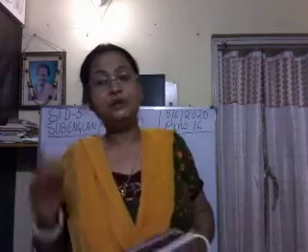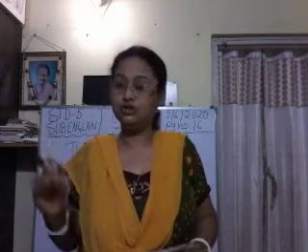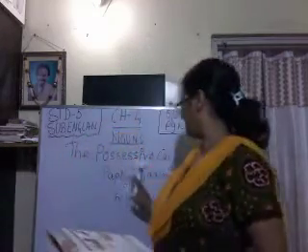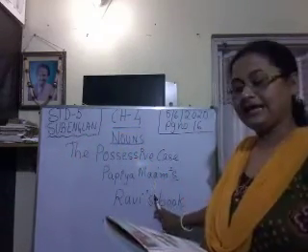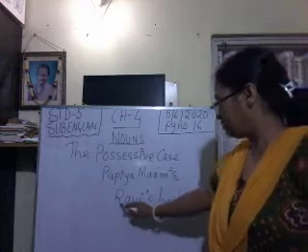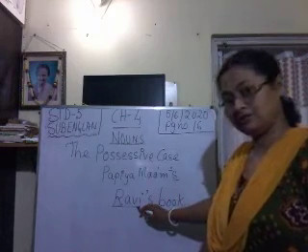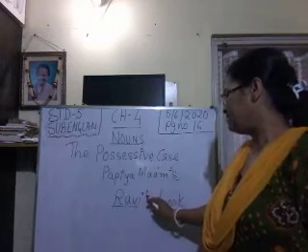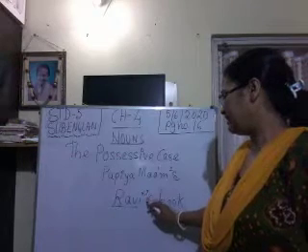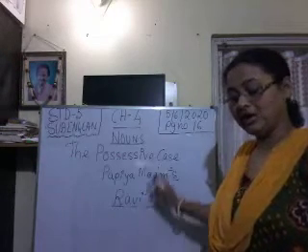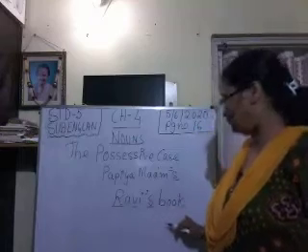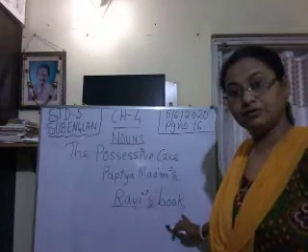So we use the possessive case of a noun to show who owns something. Clear? Then we use this apostrophe and S with a noun. So Ravi is a noun, isn't it? So I am using this apostrophe, then this S, to show that Ravi is the owner of this book.